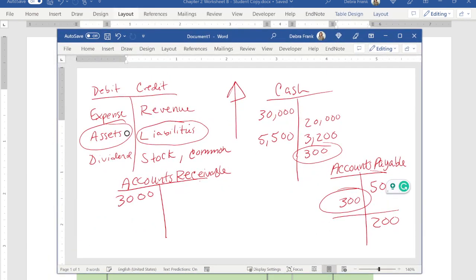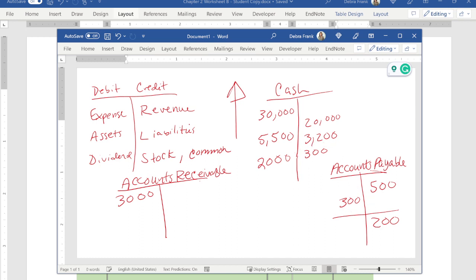So in our transaction that we're recording, now they're saying the customer's paying it. So we're getting cash from the customer. Cool. We're getting $2,000. So cash goes up by $2,000. So we can see that that is our debit.